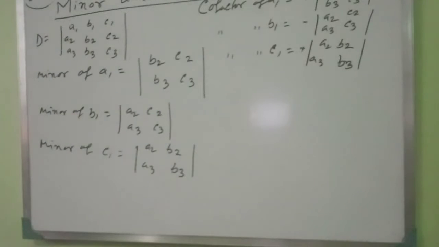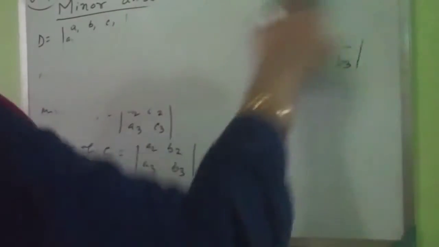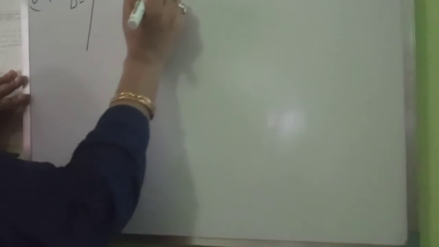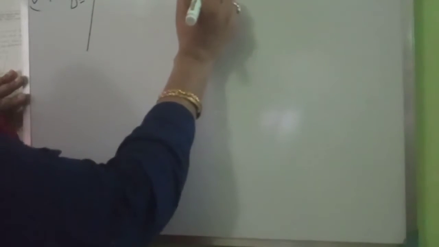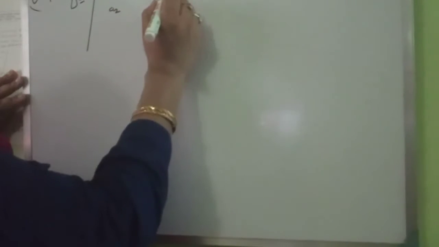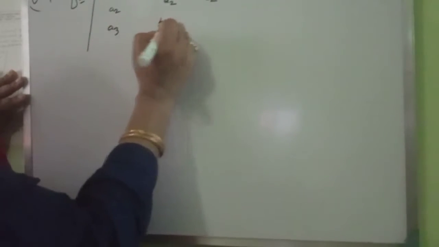Now we will explain the addition of determinants, how it can be expanded. Let D equal the determinant with first row A1 plus L1, B1 plus M1, C1 plus N1, second row A2, B2, C2, and third row A3, B3, C3.